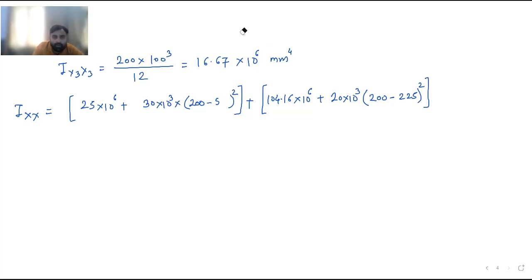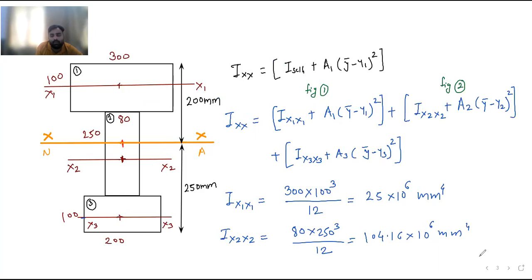Here it is not 500, it is 50. Then plus the third term, Ix3x3.